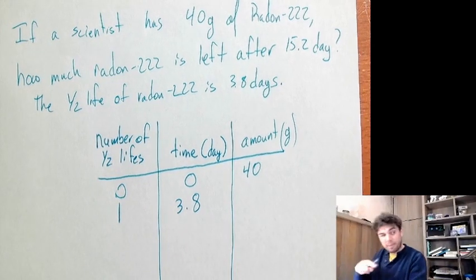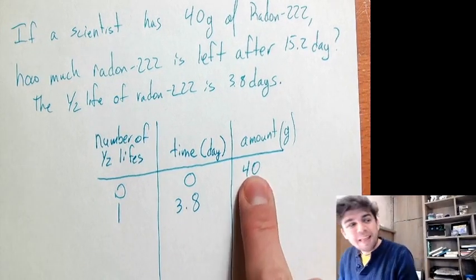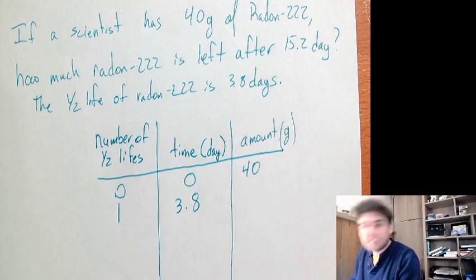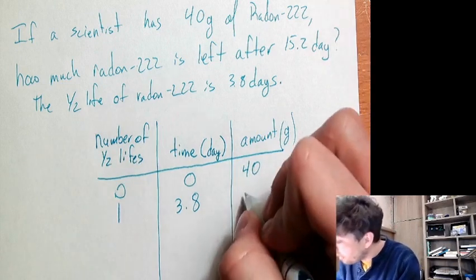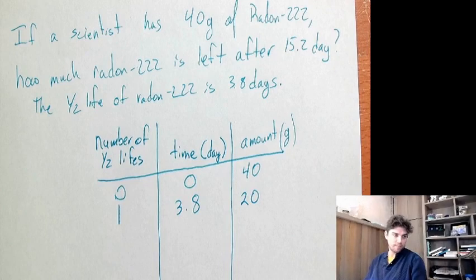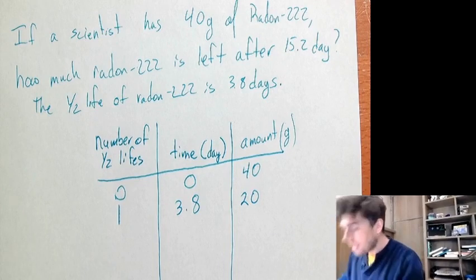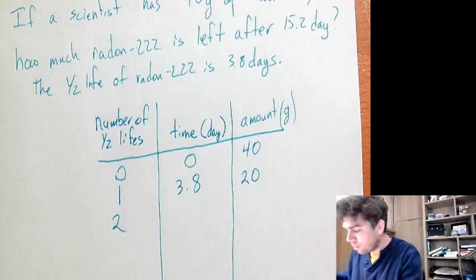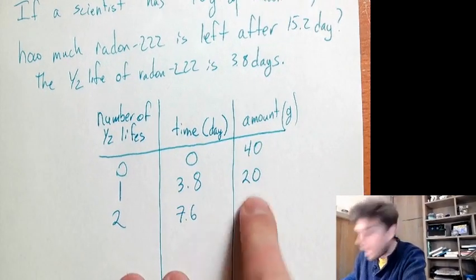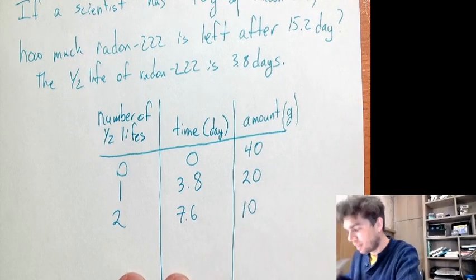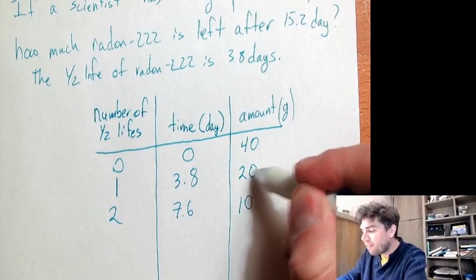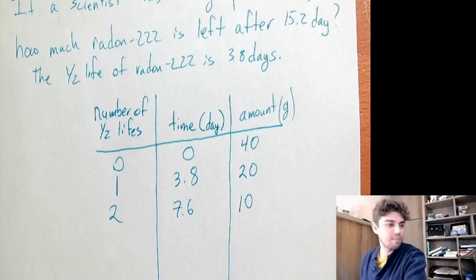Okay? Now, after 1 half-life has passed, 3.8 days have passed. That's how much time has passed after 1 half-life. The amount of material has now become 20. So I'm at a half of what it was. Now, at 2 half-lives, which comes out to 7.6 days, I've only got 10 grams of material left because another half-life has passed, so half of this has gone down from this point.